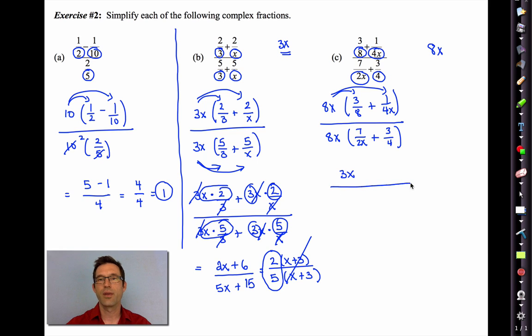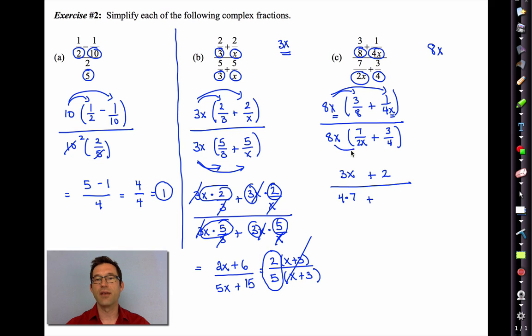The second one's a little bit trickier because the x's will cancel, and the 4 will cancel into an 8, but I'm still going to be left with a 2, not a 2x.